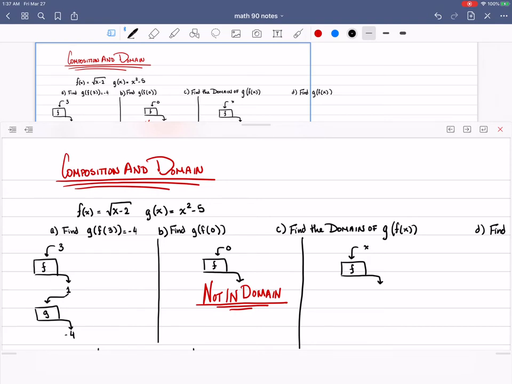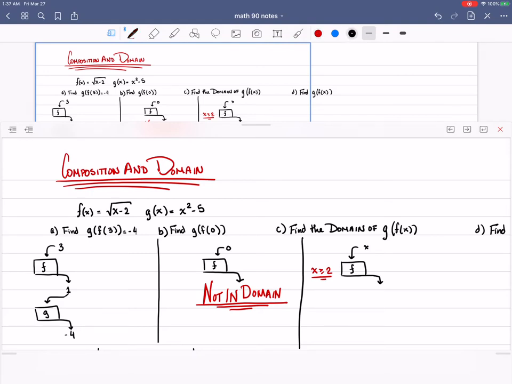You can only come inside if you are in my domain. And what is my domain? Well, I am the square root of x minus 2, and I can only take square roots of non-negative numbers. So right off the bat, you have to be greater than or equal to 2. Period. If you are not greater than or equal to 2, you cannot pass, and your journey ends here.